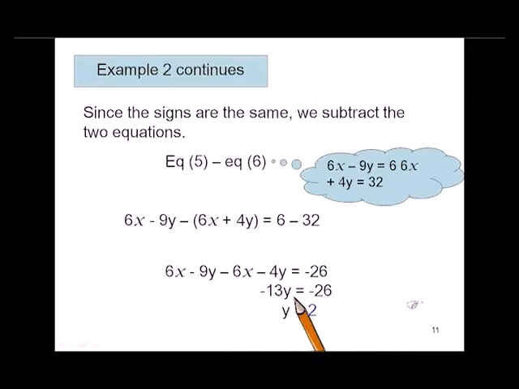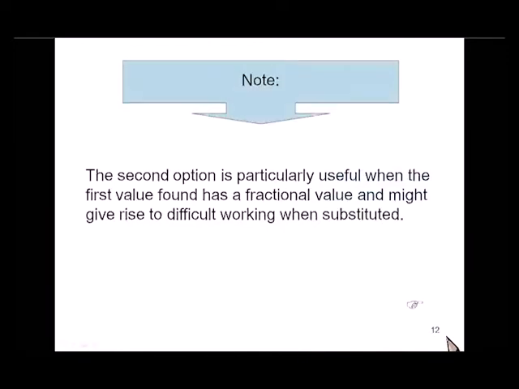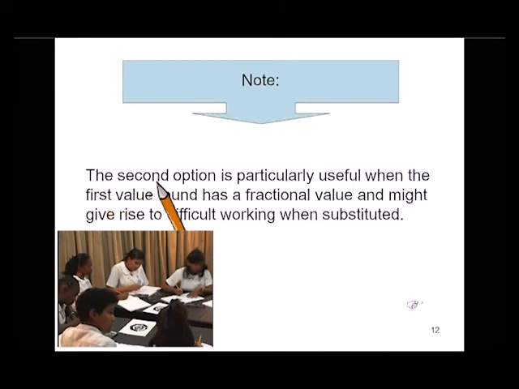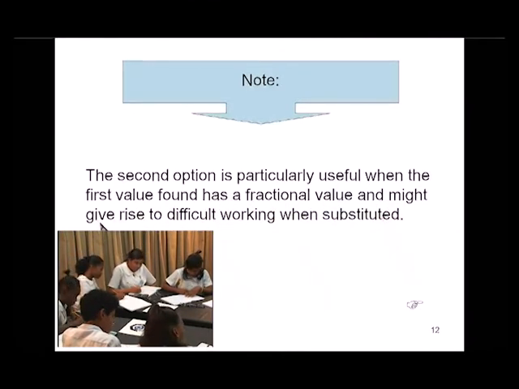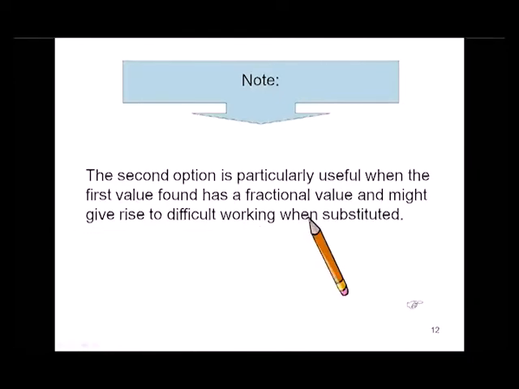Negative 13y equals negative 26. y is equal to 2. Note, the second option is particularly useful when the first value found has a fractional value and might give rise to difficult working when substituted.